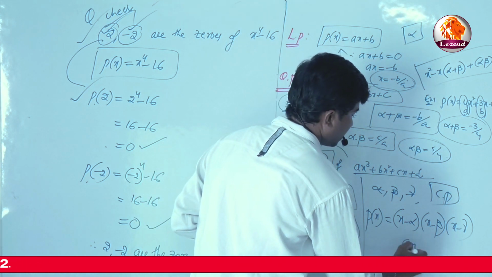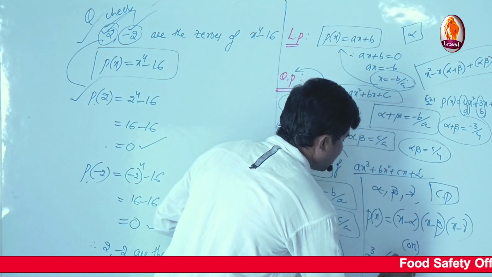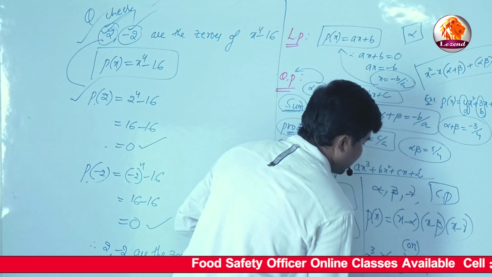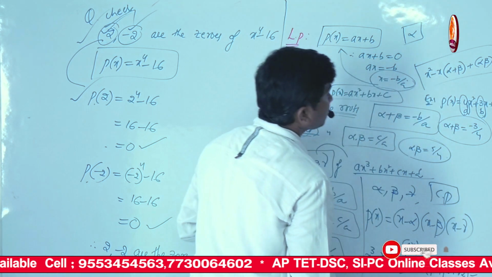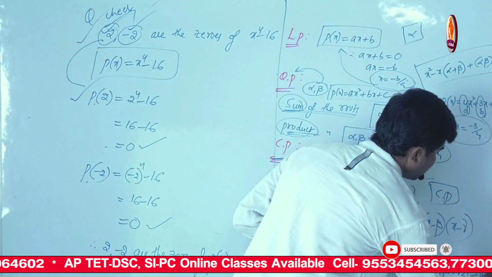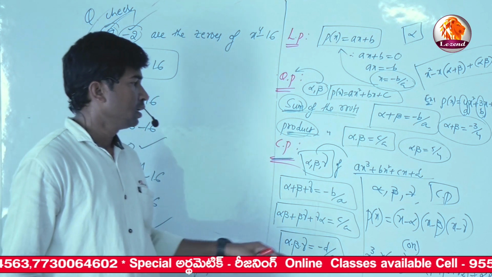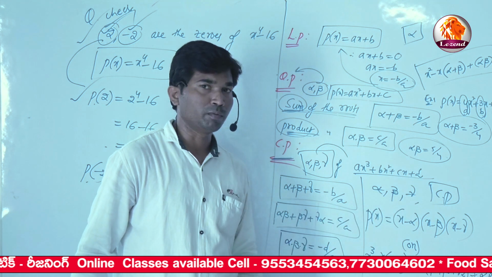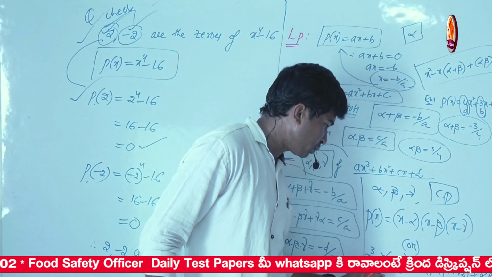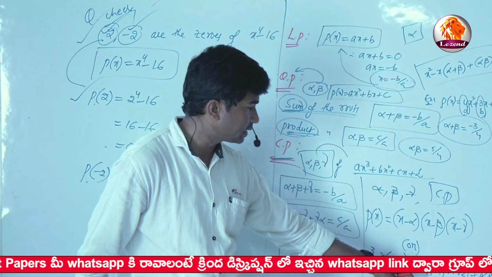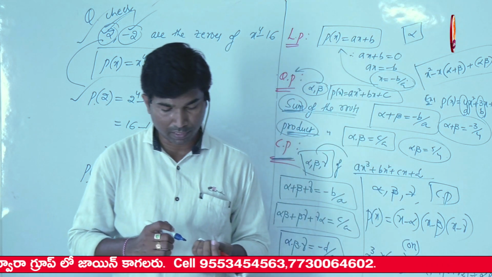Otherwise, take x cube minus x square of alpha plus beta plus gamma plus x of alpha beta plus beta gamma plus gamma alpha minus alpha beta gamma. We get the cubic polynomial by using either one.